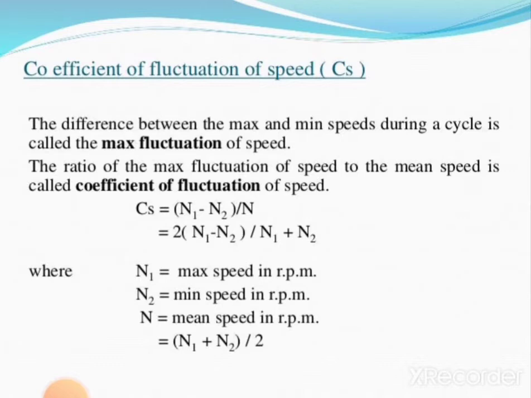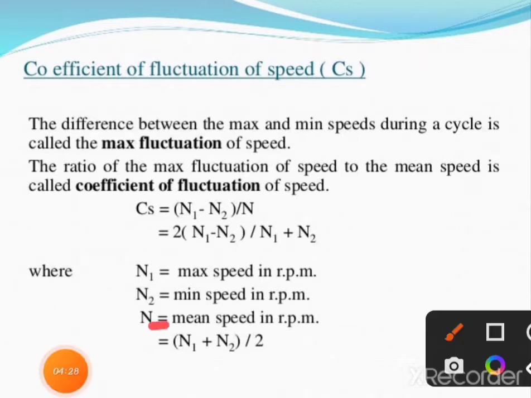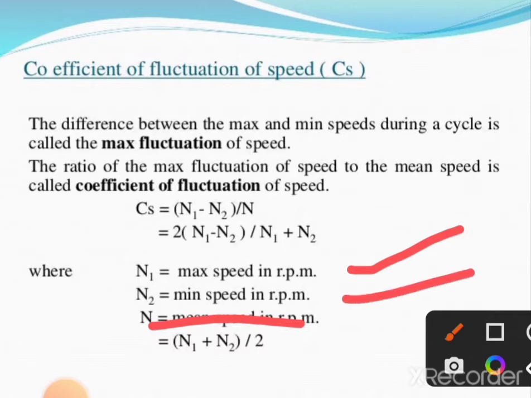Here we take N as mean speed in rpm, N1 as maximum speed in rpm, and N2 as minimum speed in rpm. Then what will be the maximum fluctuation? It is the difference between maximum and minimum value, N1 minus N2.